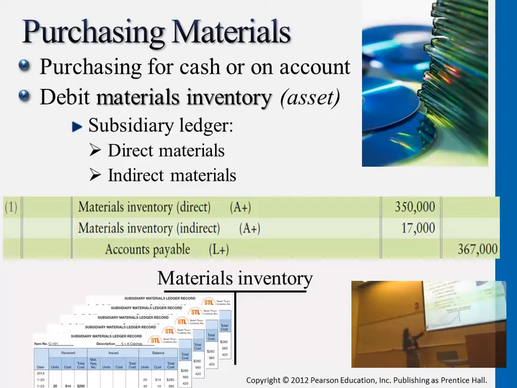Based on different job orders, we may need to purchase different types of materials. But again, now we want to separate these materials based on order, using the order as a unit. So for this particular order, we need to purchase material that costs us altogether $367,000. And we further break it down into direct and indirect materials.